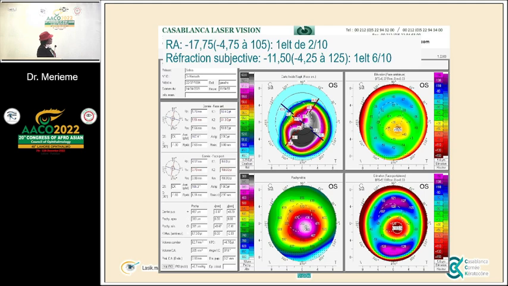This is a very severe keratoconus, and we have now new intracorneal rings that are asymmetric. The thickness of the ring is different, and we can put the thick part in the zone which is very ectatic.